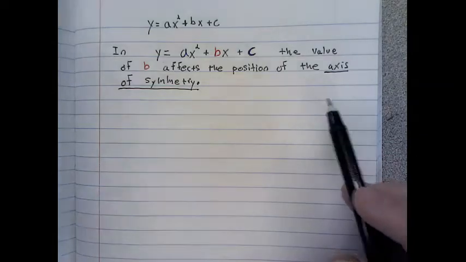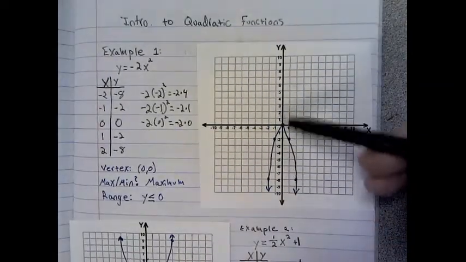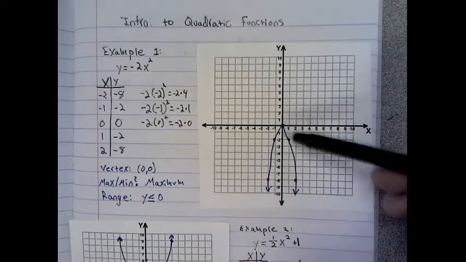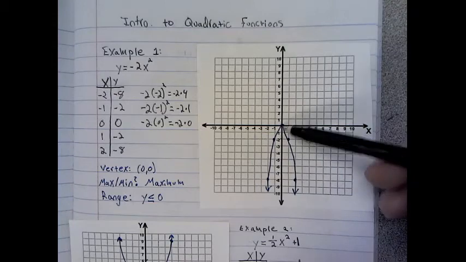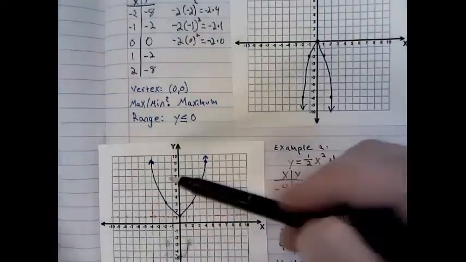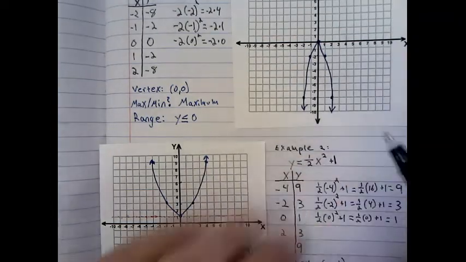If you recall, the axis of symmetry is that imaginary line that goes through the center of your parabola. And on the axis of symmetry is the minimum or the maximum vertex. In the case of this one, the vertex was right here. So in all these cases, the axis of symmetry was the y-axis. It was right in the middle.